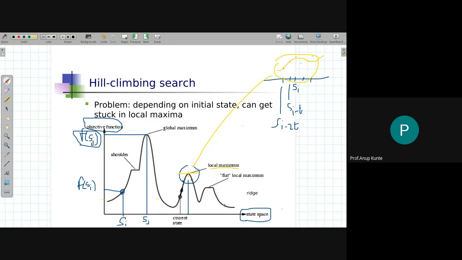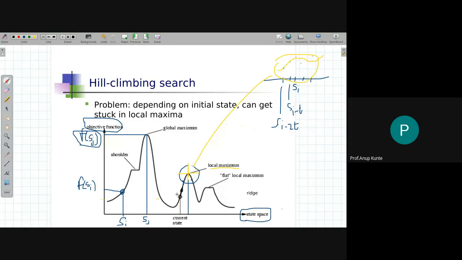If I were an agent whose current state is this and who is following the hill climbing algorithm, since I'm getting some increase in the value of objective function, I'll be always updating my current state with neighboring state till I reach this point. Once I reach this point, there won't be any neighborhood state that has better objective function value than me, and hence my algorithm would terminate.